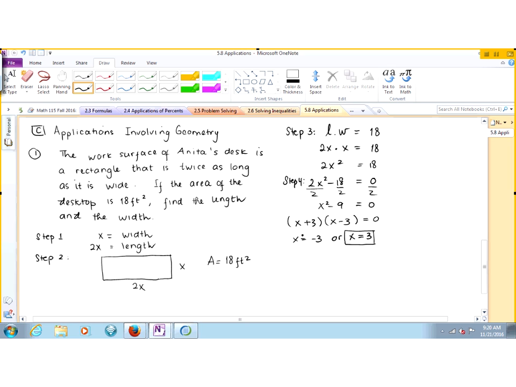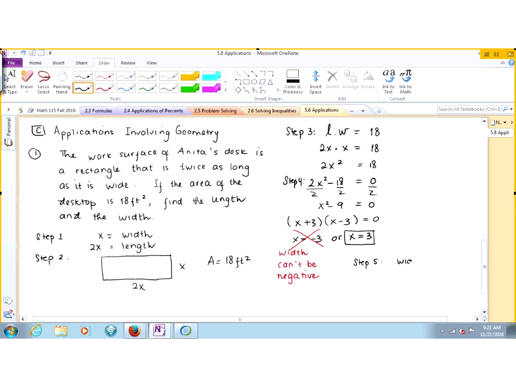Why not negative? Because width cannot be negative. All right. Good. Now, what is the length?